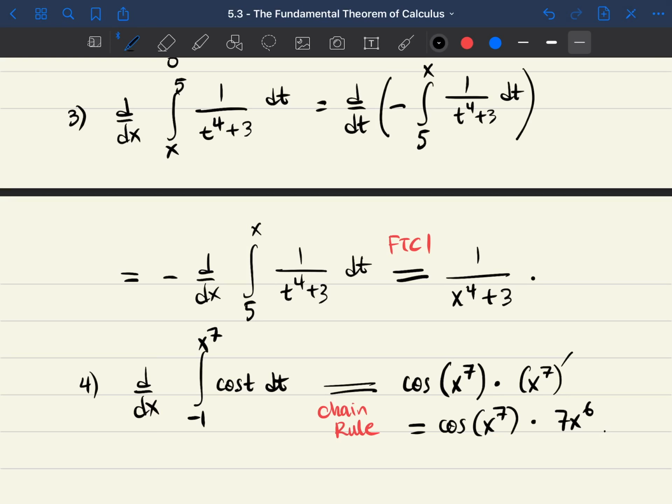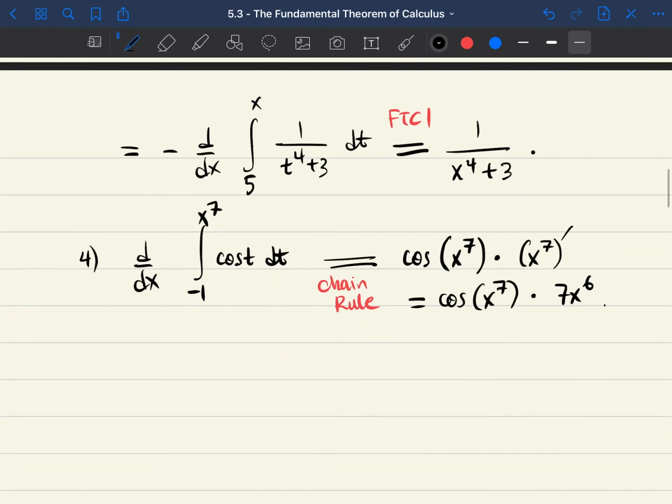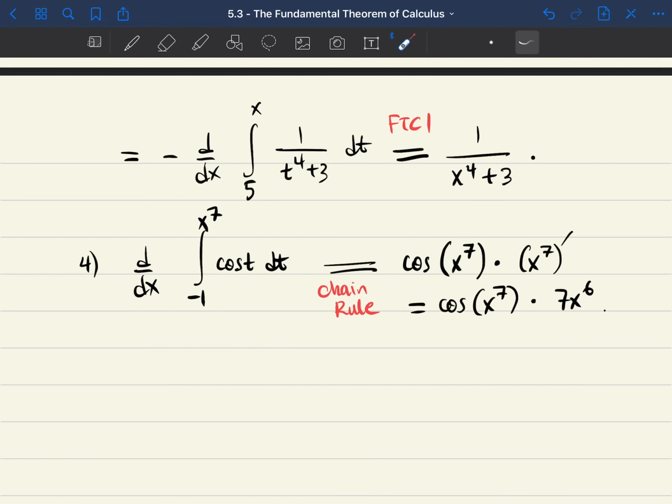Okay. So whenever you have a function here instead of just x, then you always use the chain rule. Okay, don't forget that. But the function should be up here, and this should be a constant. Okay. Now what happens if you have a function up here and down here?